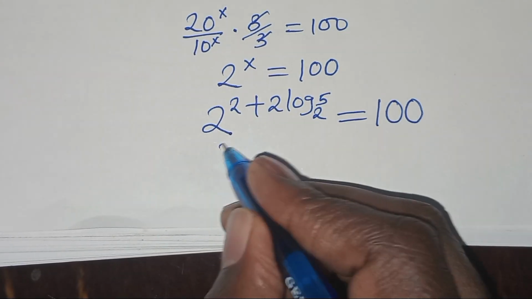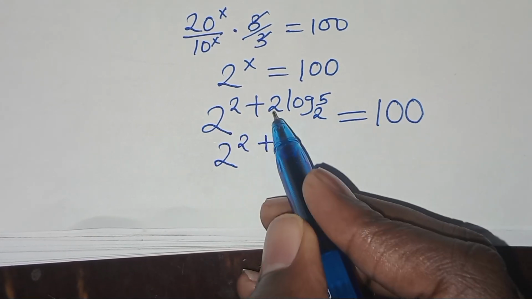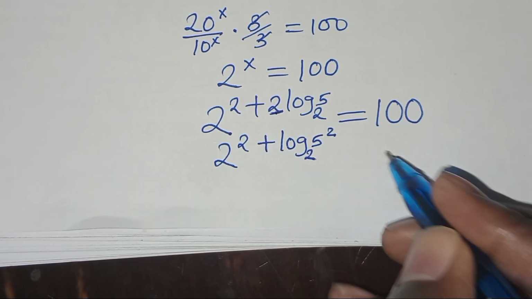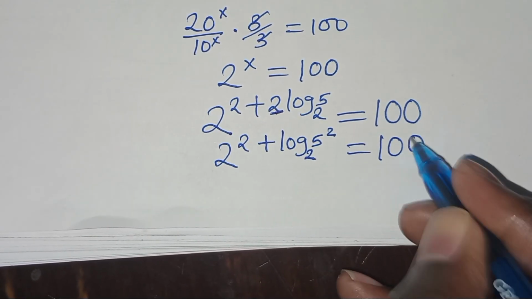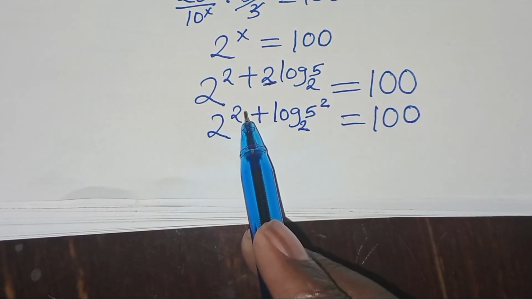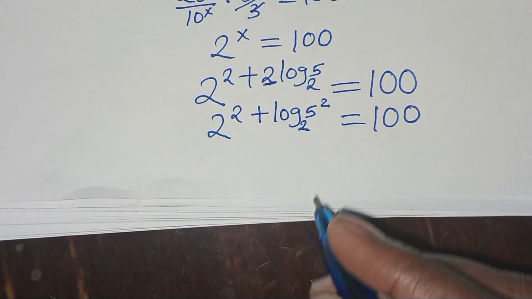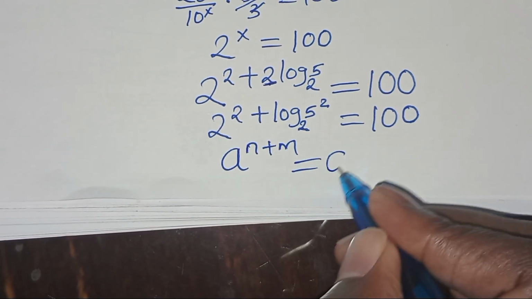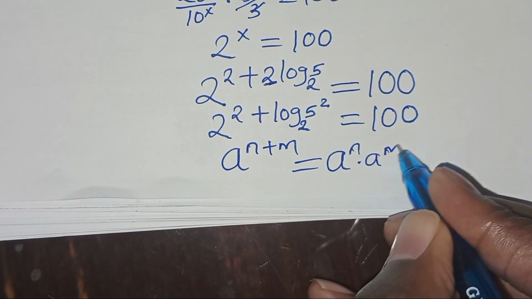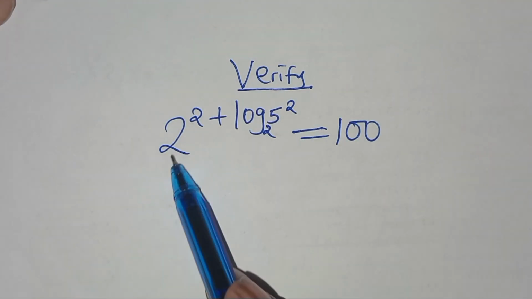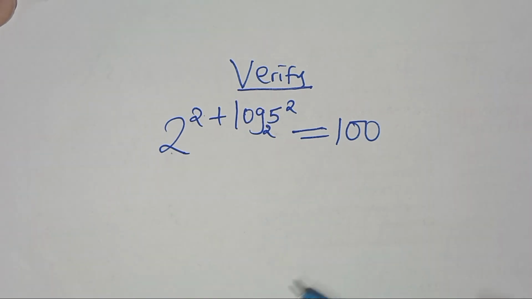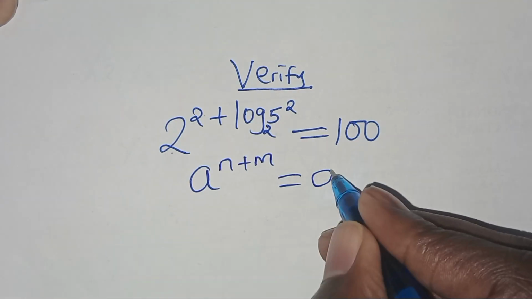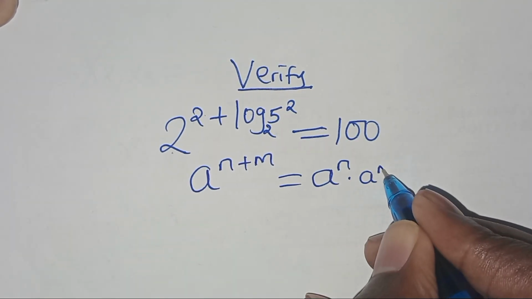And you find that this is the same thing as 2 to power 2 plus, now this is the power, so we can express this as log 5 squared to base 2. So 2 to power 2 plus log 5 squared to base 2 is in the form of a to power n plus m, which we can express as a to power n times a to power m.